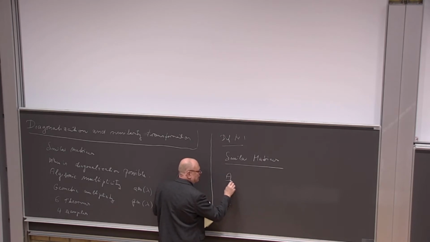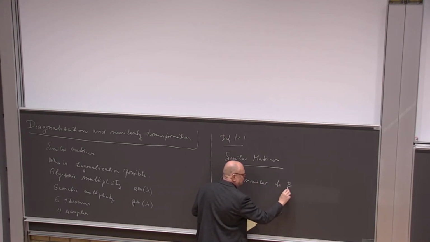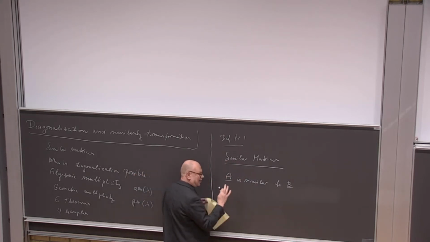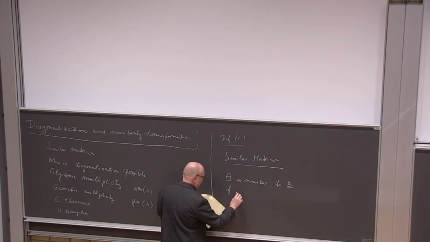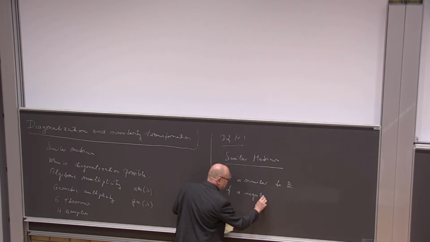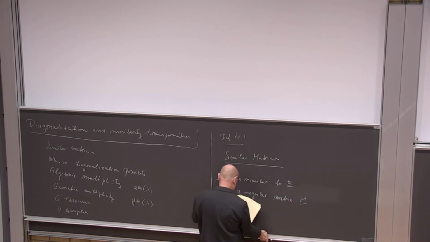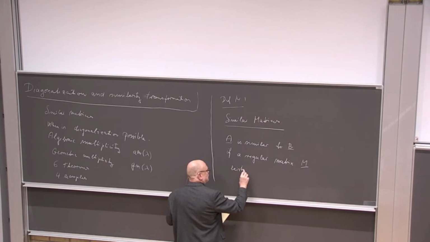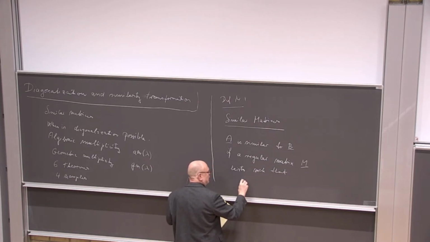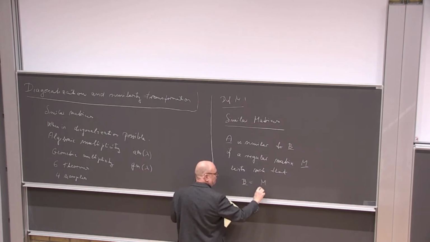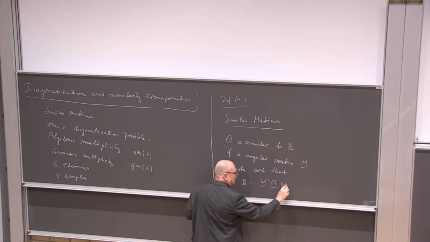So we say that A is similar to B, and remember we are talking about square matrices, and it is similar if a regular matrix, we call it M, exists such that B is equal to the inverse of M, and since M is regular, you can compute the inverse, times A times M.